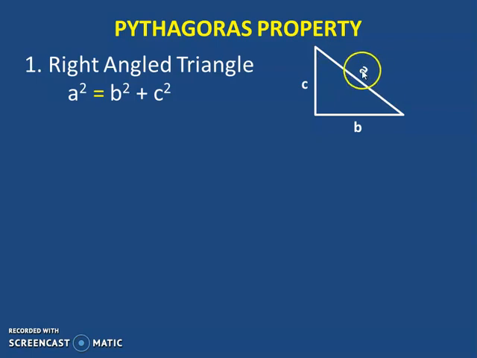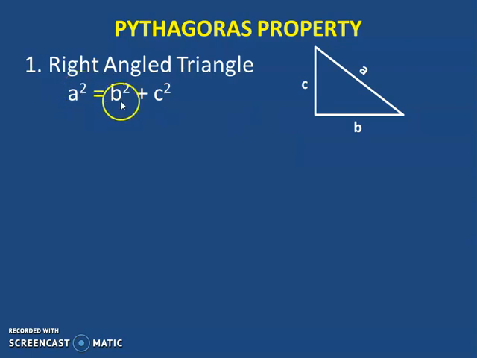So the square of the hypotenuse is equal to the sum, that is the addition, of the squares of these two legs, the base and the perpendicular.